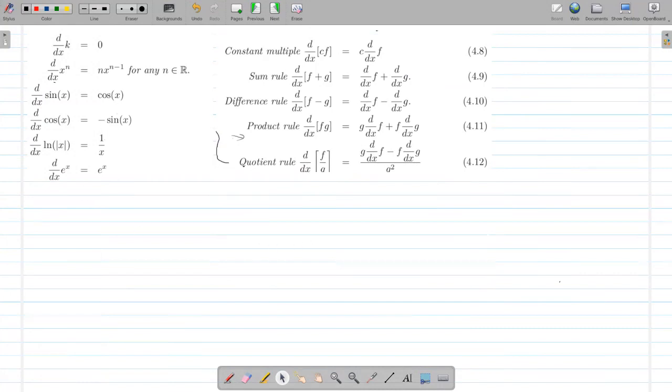Okay, so for example, let's say I have to differentiate y equals 5 times sin x. Find dy by dx. Here now I am looking for the derivative of this guy.